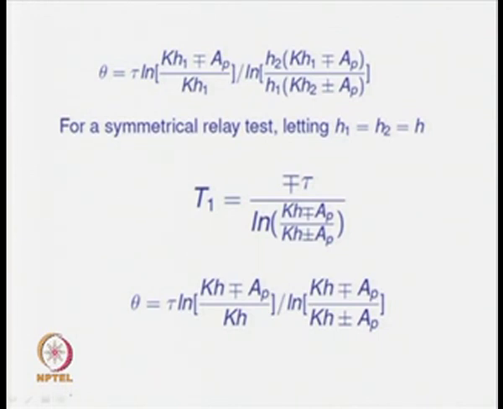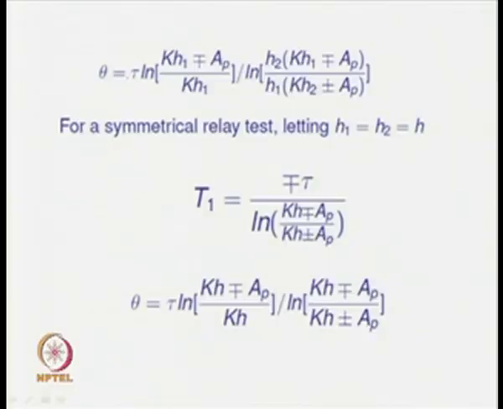Now, how to obtain the analytical expression for another parameter associated with the first order plus dead time transfer function model? If you look at this carefully, this is nothing but simply the expression for minus plus T 1 natural logarithm of 1 minus plus a p by k h 1. Okay. So, when you substitute T 1, then T 1 is how much?